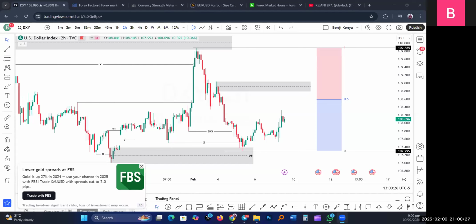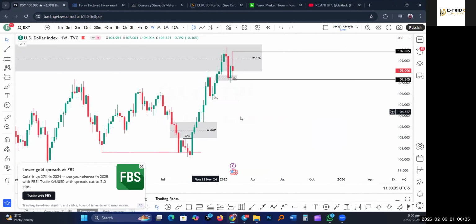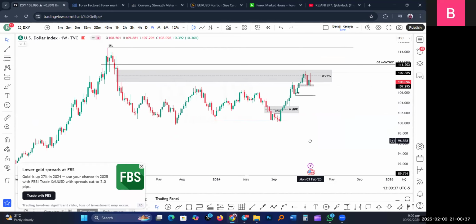Okay, so let me share. As I'm sharing, I hope the screen is visible. From my end, I can't see the screen. Wow.